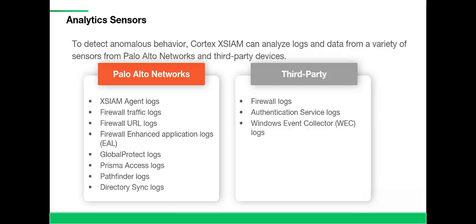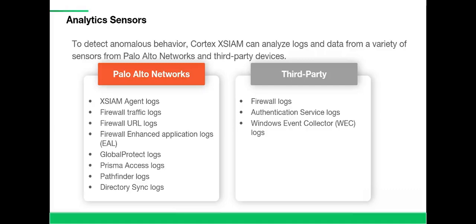So for analytics to work properly, as we saw at the beginning, we need to collect data from multiple sources. Here we have a list of Palo Alto logs from different Palo Alto products, from the agents, from a Palo Alto firewall, like traffic logs, URL filtering logs, the EAL logs, as I mentioned. We'll talk about this in more detail later.